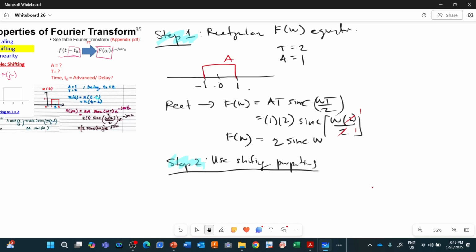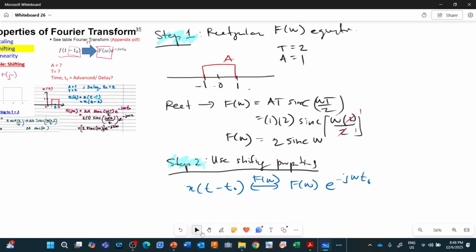Now, according to the shifting property just now, the shifting property is given by: the Fourier transform of x(t - t naught) is given by F(omega) e^(-j omega t naught).